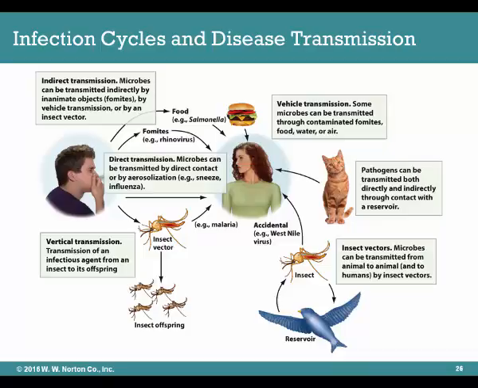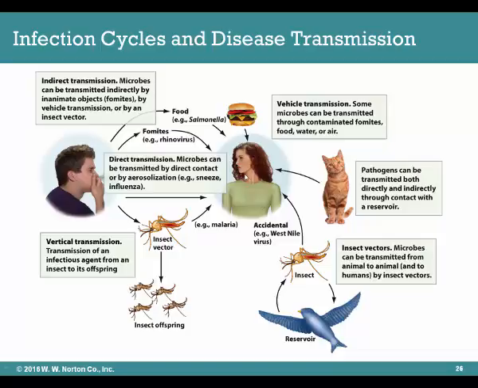So these infection cycles can be quite simple or quite, in the case of here in the middle, the direct transmission, or quite complex involving other hosts and other vectors or means in which the pathogen is transferred to us as a host.